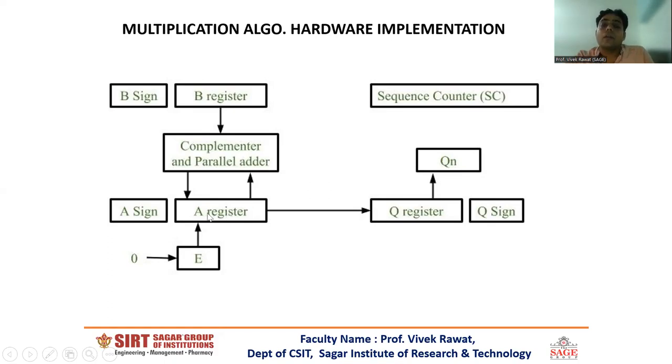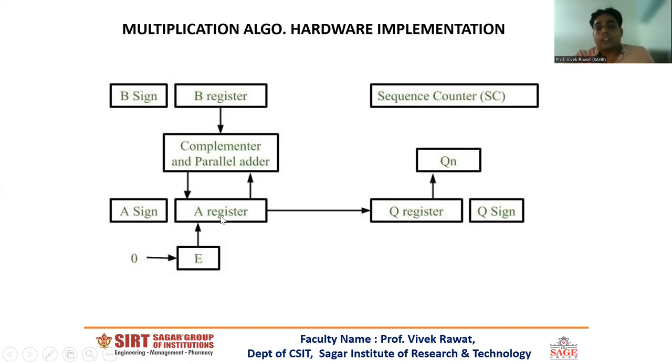The A register does the processing for the B register and Q register and generates the result. So the accumulator is a type of register which is used to calculate all the processes of the ALU.